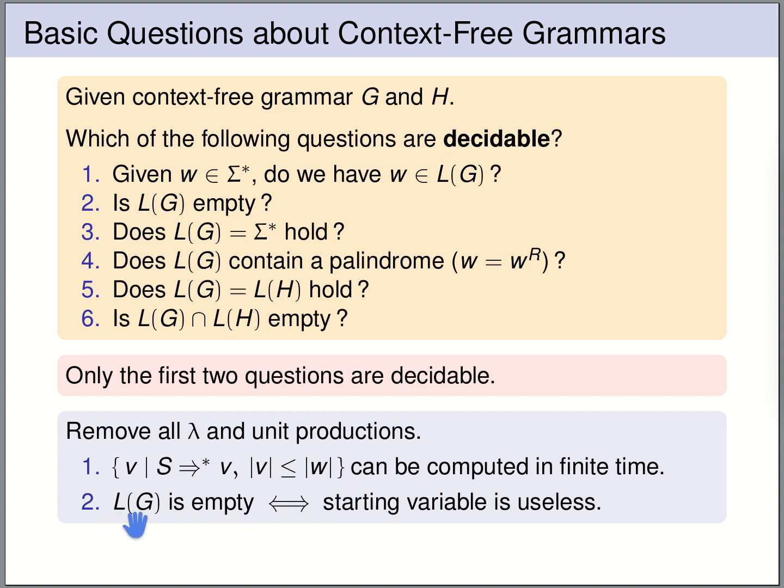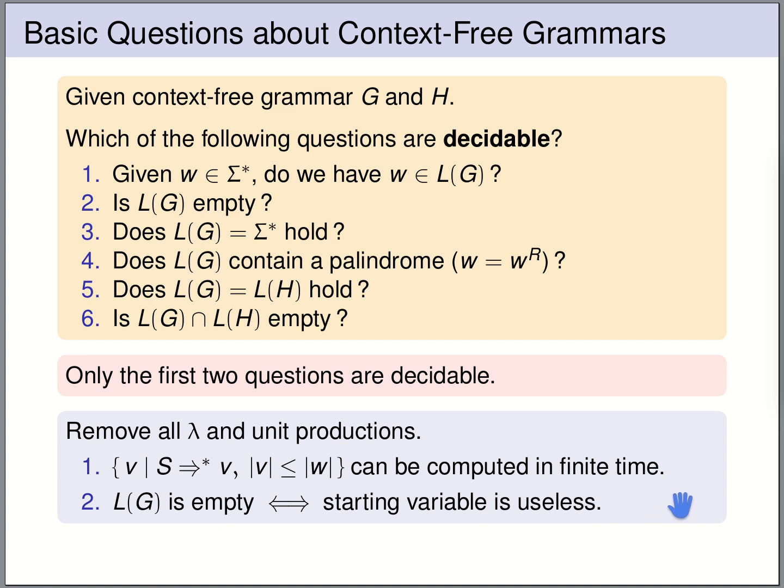It is decidable whether the language generated by a grammar is empty. Namely, we have already discussed how we can check whether a variable is useless, and the language generated by a grammar is empty if and only if the starting variable is useless. So if and only if the starting variable can never be used in a derivation of a terminal word.